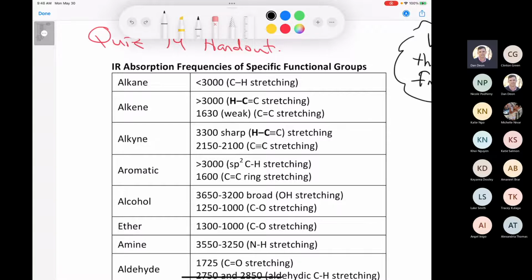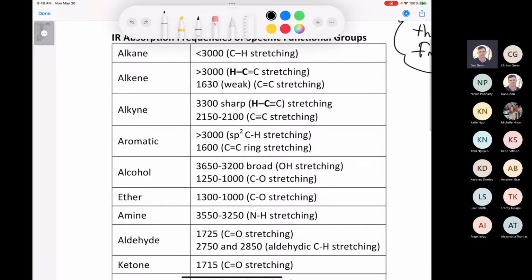An alkyne, we see the sp hybridized carbon-hydrogen stretching around 3,300 reciprocal centimeters. The alkyne triple bond stretching is around 2,150 to 2,100. For an aromatic, an aromatic is just an aromatic ring. Well, we have carbon-carbon double bonds in an aromatic ring, don't we?